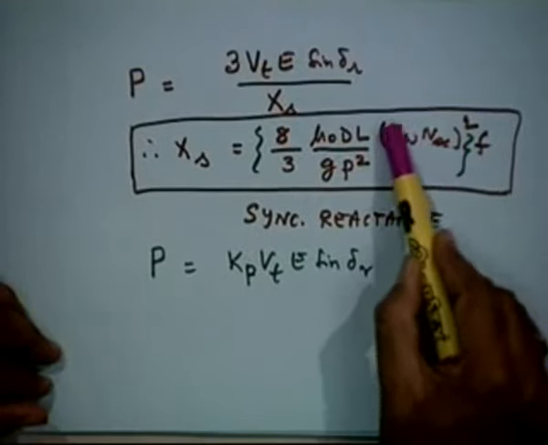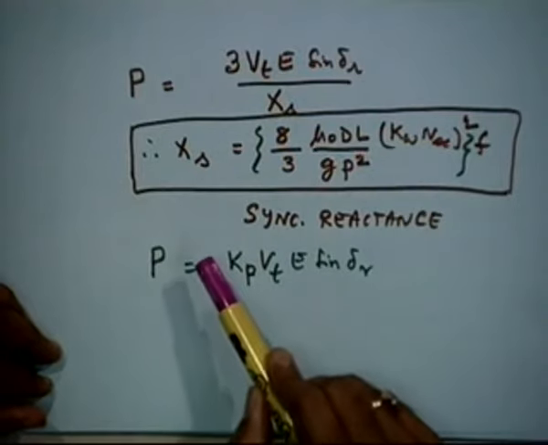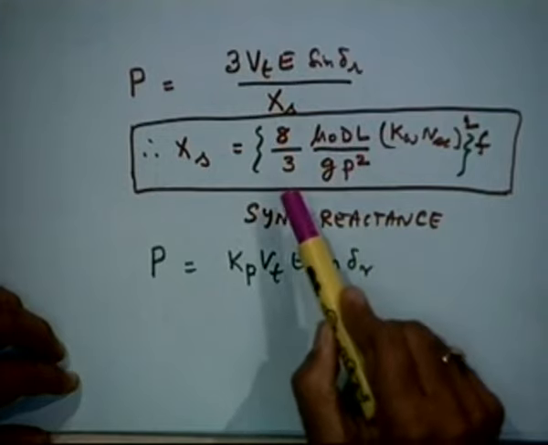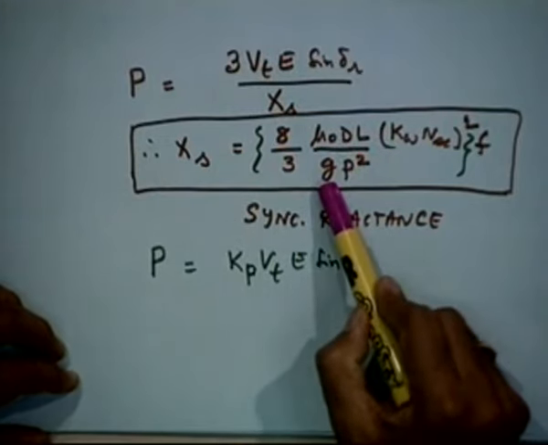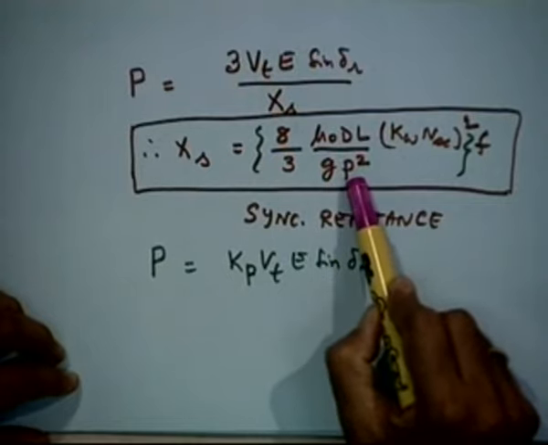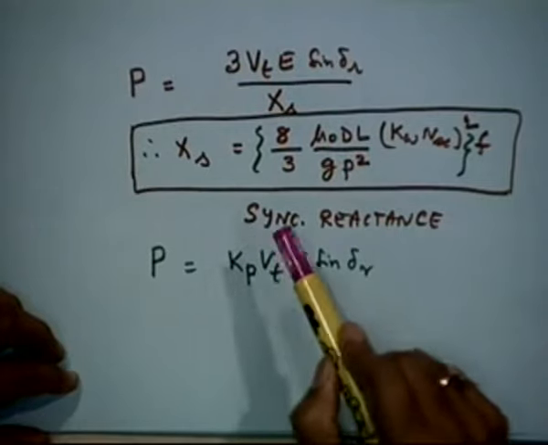Interestingly, you will see that inductance is normally proportional to the square of turns, that you get here, Kw and Sc square, and inductance will be proportional to D and L, and if you increase G, inductance will come down. For more number of poles, inductance will come down. For a smaller number of poles, the inductance of the coil will be more.